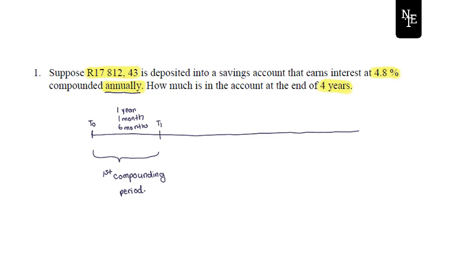So you need to understand what you're doing when you're drawing your number line, and it's very important to be cautious about this interval over here. Because when you look at the problems, it all looks like we're doing the same thing, we're all just writing T0, T1, T2, whatever, but you need to understand what the interval period that T0 and T1 is representing is. So in our case, that's representing a total of 1 year.